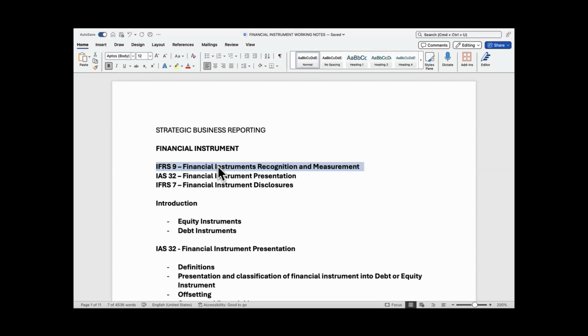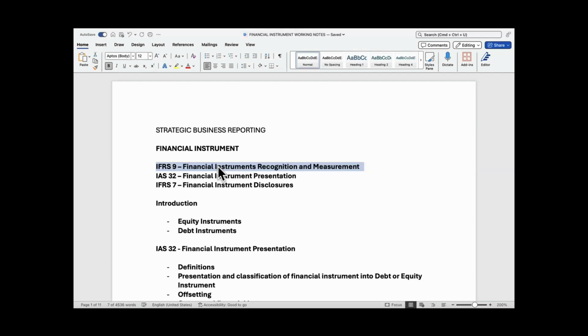The way you classify it is exactly how you are going to measure it at the end of the year. That means equity investments are measured at the end of the year at fair value through P&L or at fair value through OCI. And that was it for equity investments.